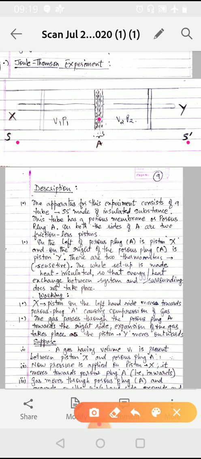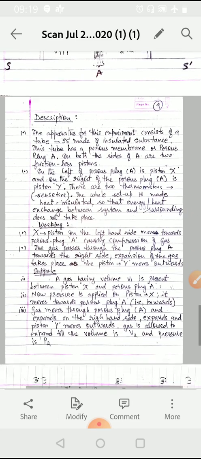On the left of the porous plug A, the piston is X, and on the right side of the porous plug A, the piston is Y. There are two sensitive thermometers in the setup. The whole setup is made insulated so that energy or heat exchange between the system and the surroundings does not take place.